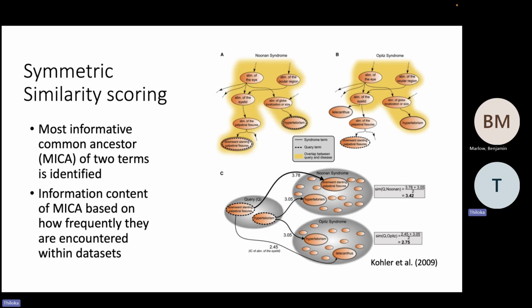So this illustrates how similarity scoring works. Essentially, you have a query patient, say if you look down at C, and this is an image lifted from Köhler et al.'s paper from 2009. So you have your query patient who's got these two terms, downward slanting palpebral fissures and hypertelorism, and you've got two reference data sets for two different syndromes: Noonan syndrome and Opitz syndrome.